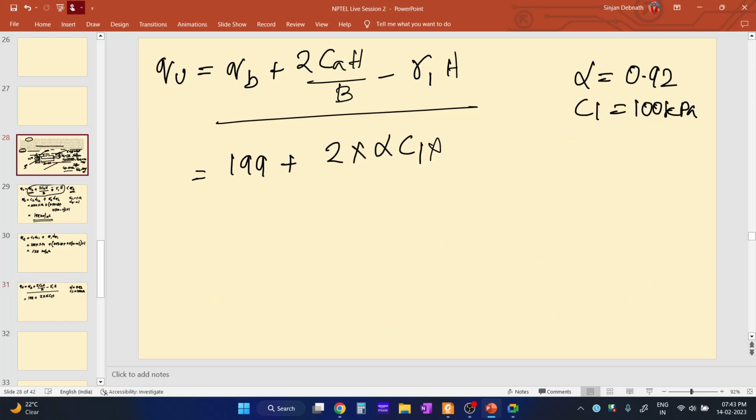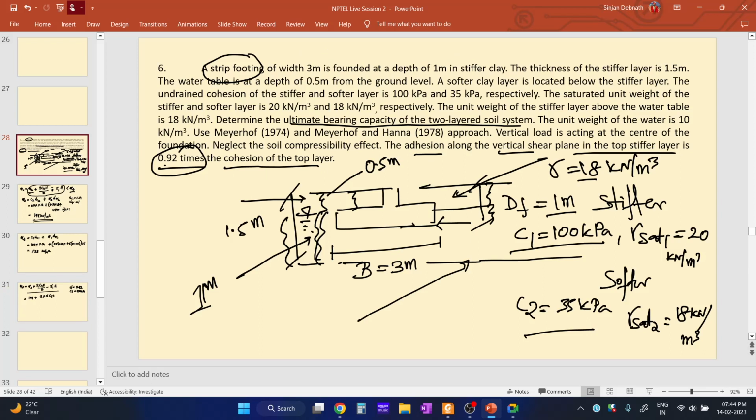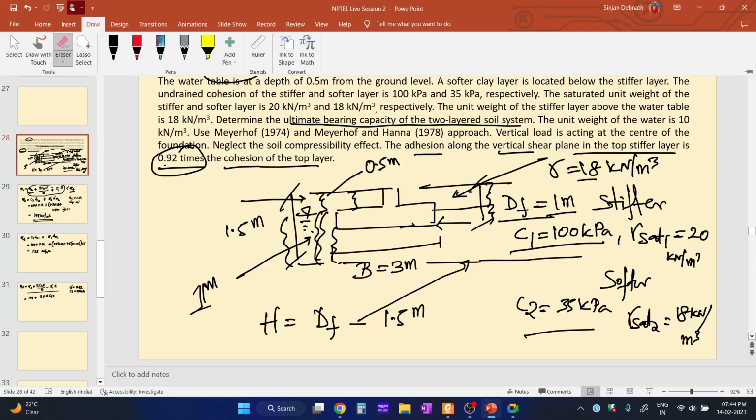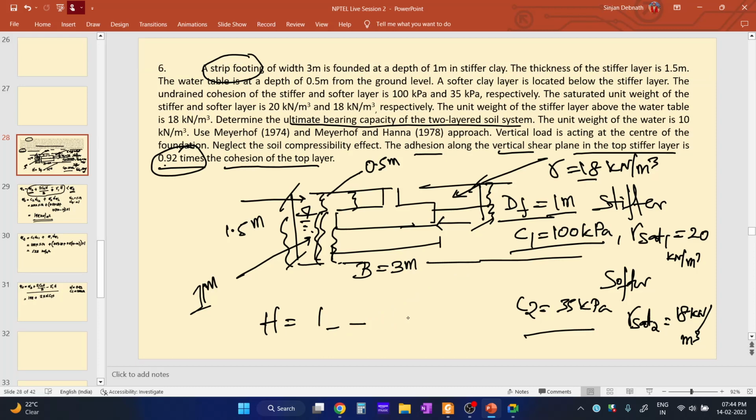What is the value of H? H is the depth from the base of the foundation to the top of the bottom layer. We know the value of df, which is 1 meter. If we subtract df from the thickness of the top layer, that is 1.5 meter, we will get the value of H. Sorry, let me write it over here.